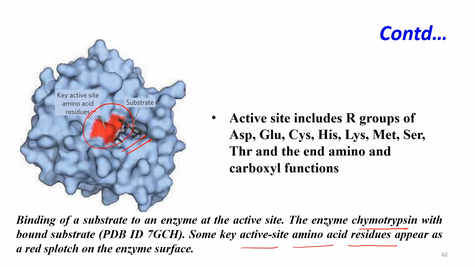You can see the red color here, and at the active site there are mainly R groups of aspartic acid, glutamic acid, cysteine, histidine, lysine, methionine, serine and threonine. In addition, the end amino and carboxylic functional groups are there.